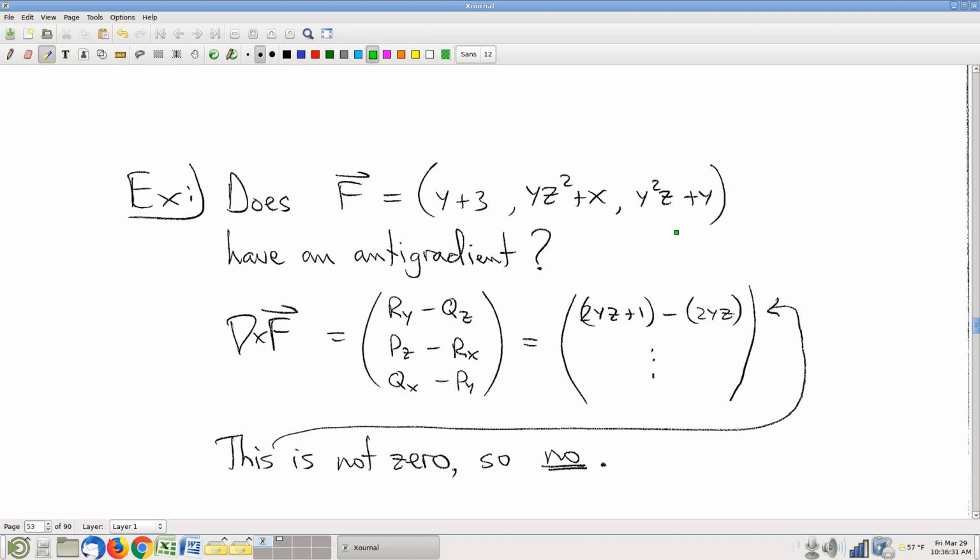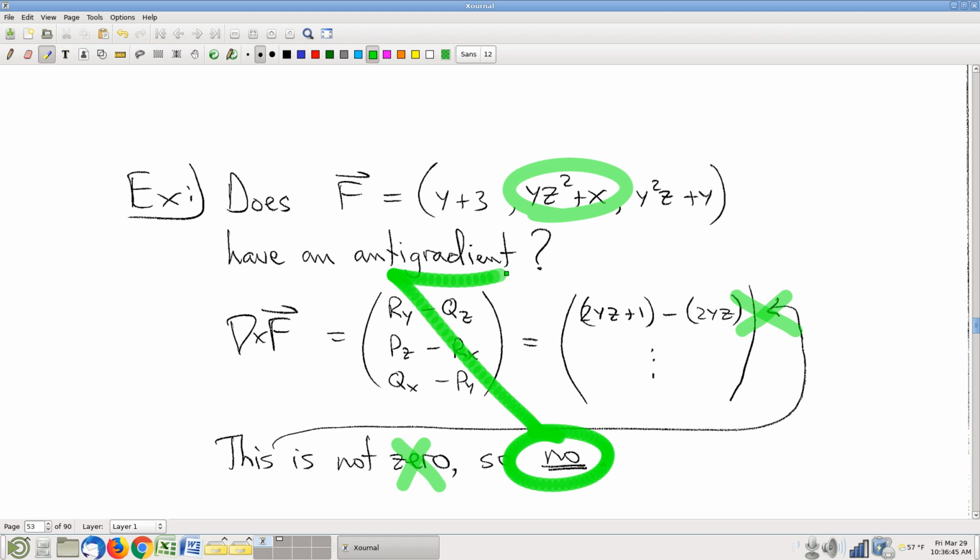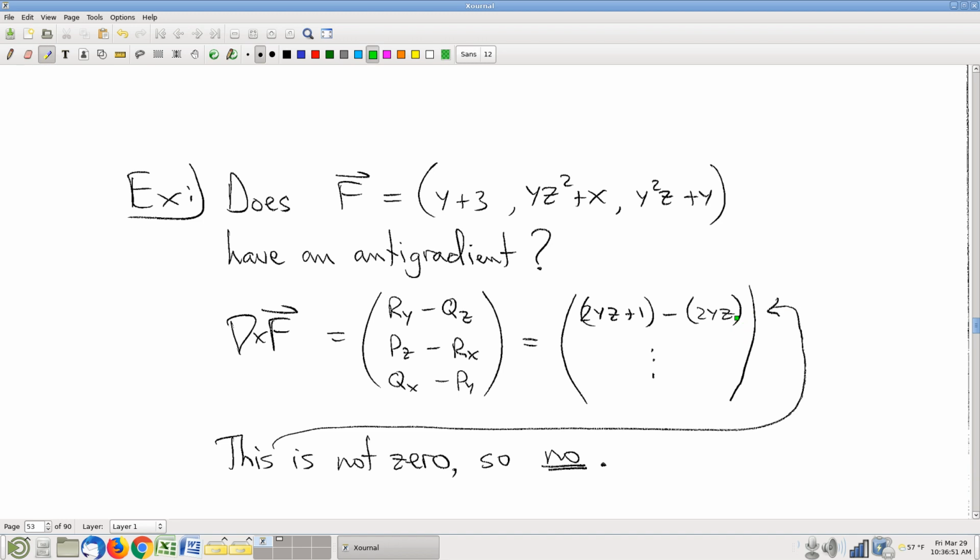The z partial of that, 2yz. Those aren't the same, therefore their difference is not 0. Not 0 there means not 0 as a vector, and that means there is not an anti-gradient. At a glance, right? You don't have to write out a bunch of partials and start playing puzzle games.